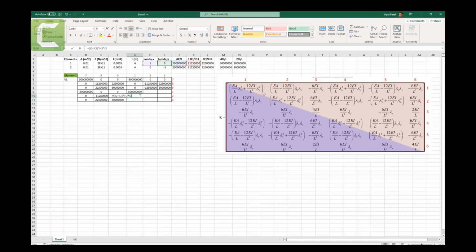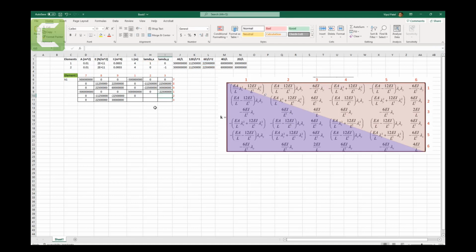And the same thing we need to put here because that is symmetric, if you remember. And we can have 6 EI on L square, 6 EI on L square times lambda x, and that would be minus lambda x. We put the same thing here, Control C, and the same number goes here.